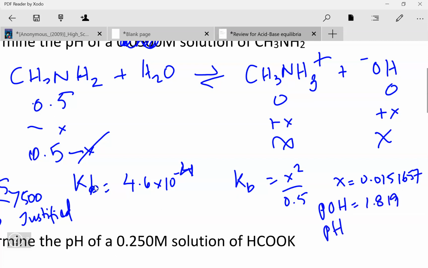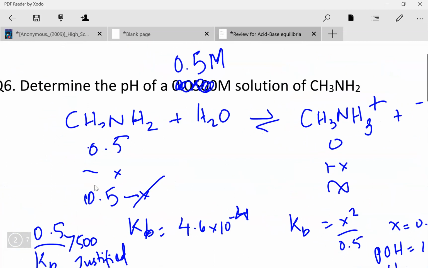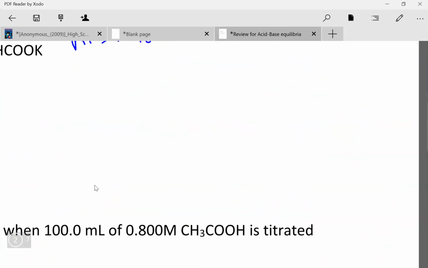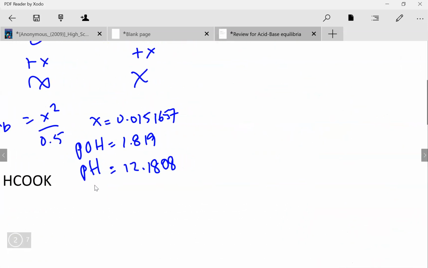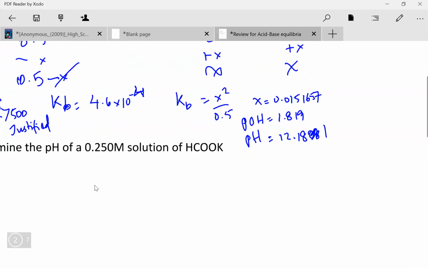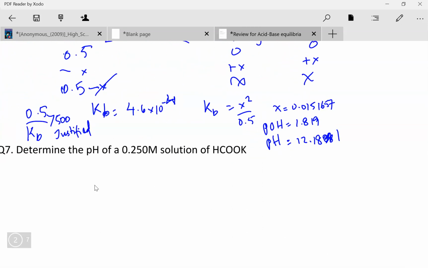So my pH will be 14 minus that answer, which is 12.1808. So that, well, I've given you, let's assume I wrote 0.500. So it's 3 sig figs. So 12.2, yeah, there we go. That should be good. I have to go back and change this again.